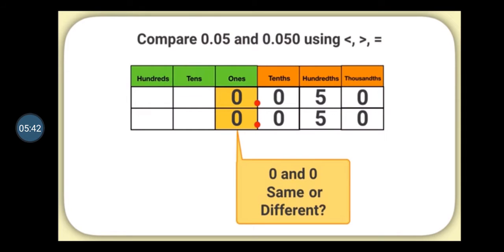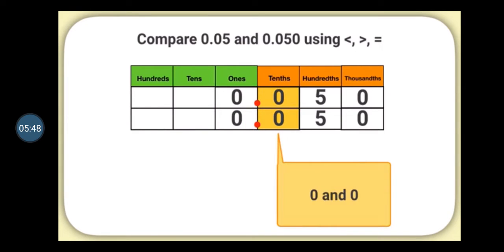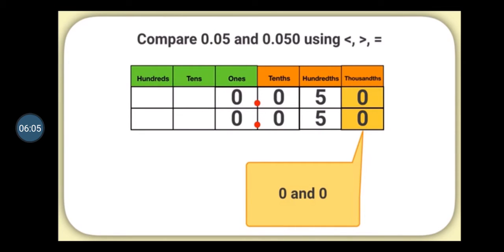Is this same or different? This is same. Move on to tenths, 0 and 0. Is this same or different? This is same. Move on to hundredths. Is this same or different? This is also same. Now move on to thousandths. Is this same or different?